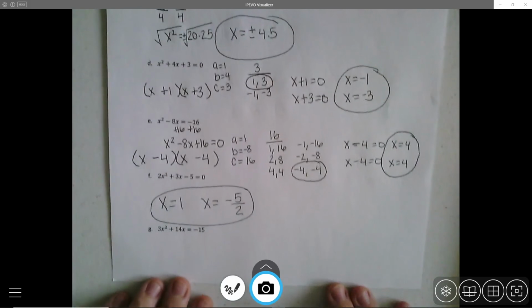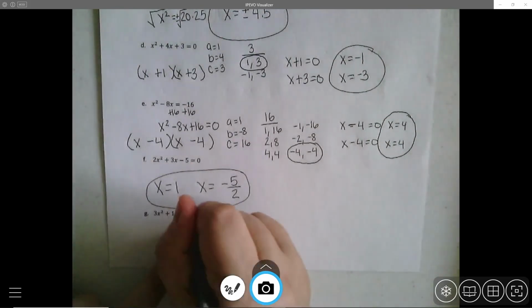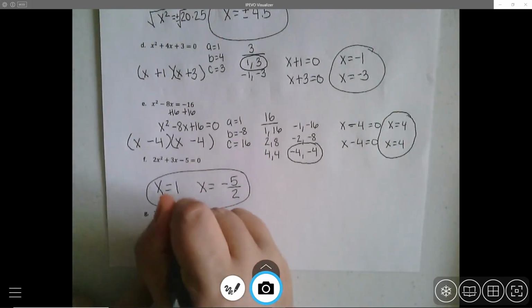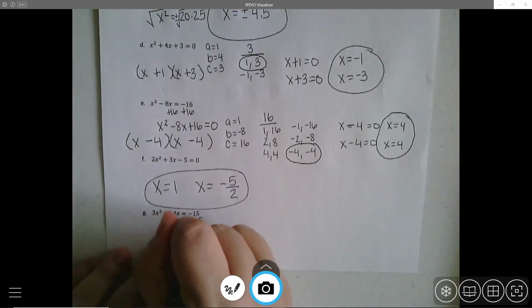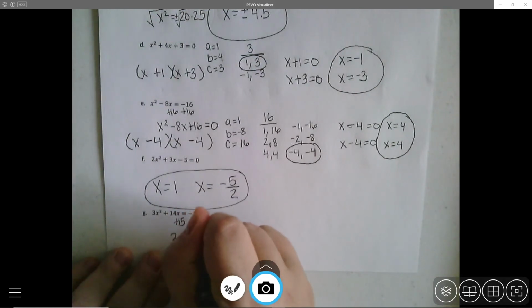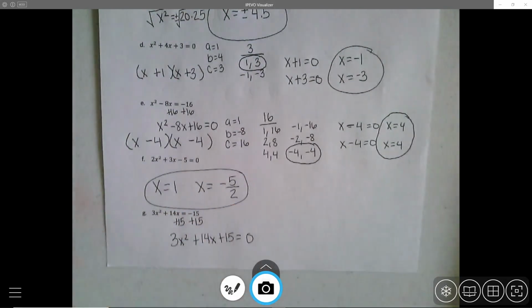Okay, we've looked at the graph. We're here on our last problem. So the first thing on our last problem that runs into an issue is we're not set equal to 0. Okay, to set equal to 0, I'm going to move the 15 to the other side by adding 15. I get 3x squared plus 14x plus 15 equals 0.